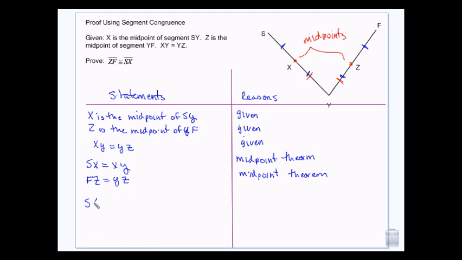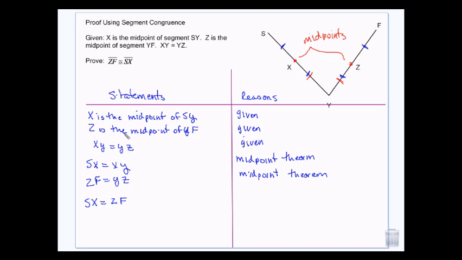I should have put in ZF instead of FZ because that's the way it was written in the proof. Okay, right? Because XY and YZ are already the same length, correct?